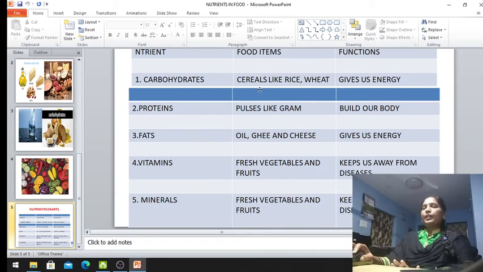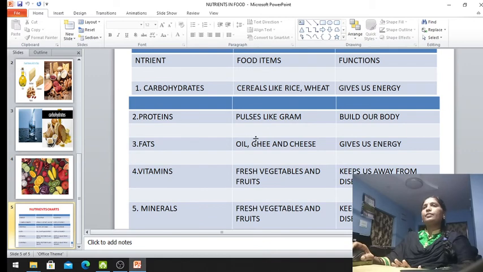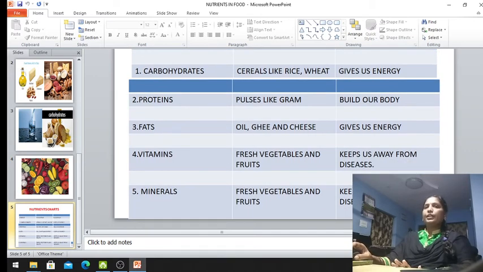But don't take too much of anything. Take each nutrient only as much as your body needs. Understood, children? So you know the importance of nutrients and how they are helping us. Every day all these nutrients must be present in your diet.